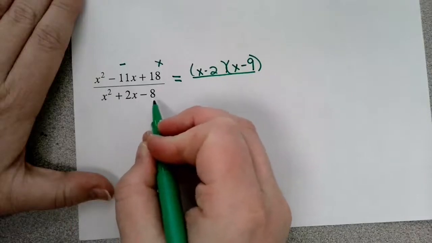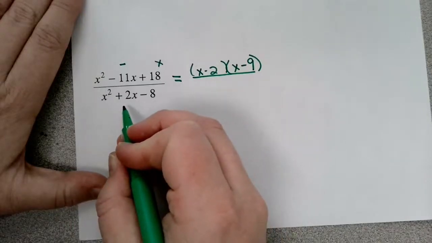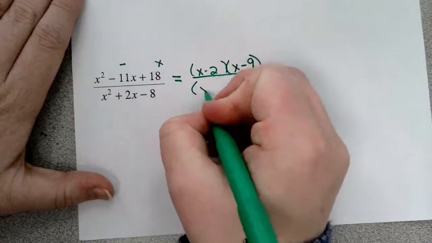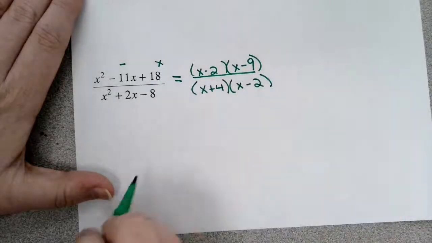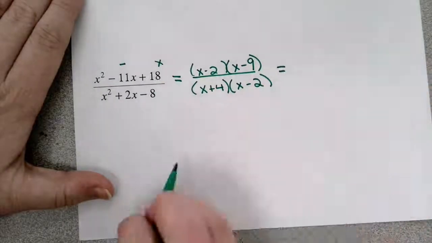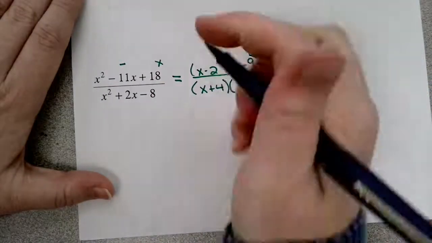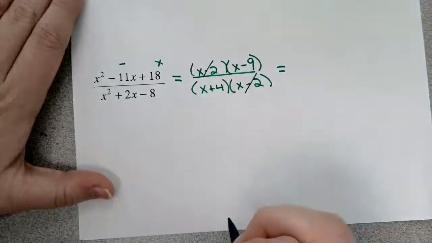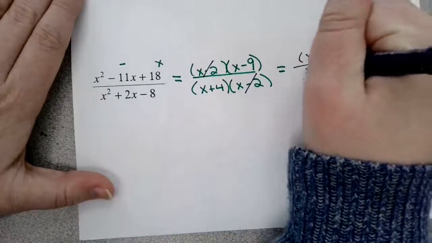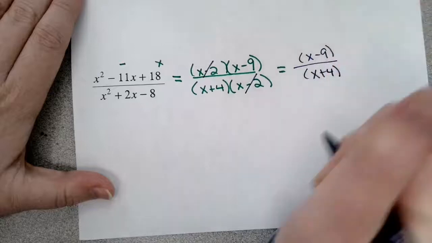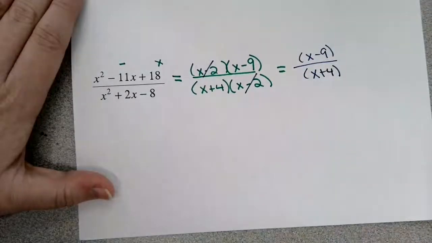What two numbers multiply together to be negative 8 but add together to be 2? It's going to be a positive 4 and a negative 2. And we'll see right here that I have an x minus 2 and an x minus 2. I can simplify those. X minus 9 and x plus 4 are not alike, and I cannot simplify them, so that will be my final answer. Let us know if you have any questions.